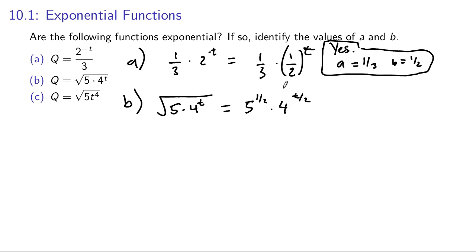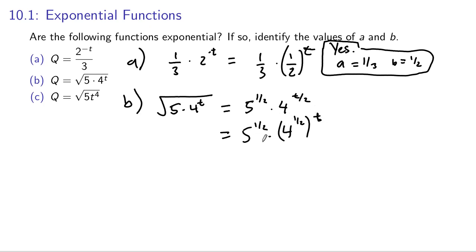Now we're not quite to where we need to be. 5 to the 1/2 is the square root of 5, a number, but here we have 4 to not just t, but we can fix this by breaking this back into 4 to the 1/2 to the t using the rule where we can swap the order when we multiply the exponent to the exponent rule.